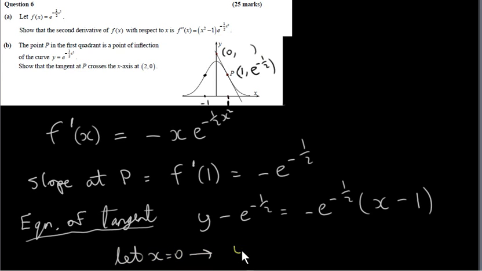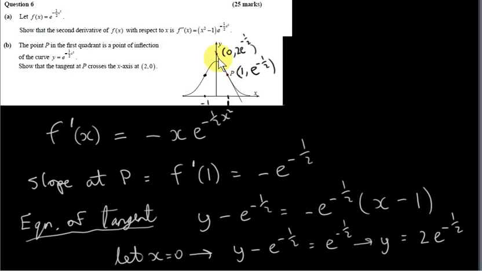If we do that, we get y minus e to the minus a half equals minus e to the minus a half by minus 1. That's plus e to the minus a half. So we just plug 0 in for x. So then we can solve for y, because this is a point on the line. It has to satisfy the equation. So y equals e to the minus a half plus e to the minus a half. That's 2e to the minus a half.